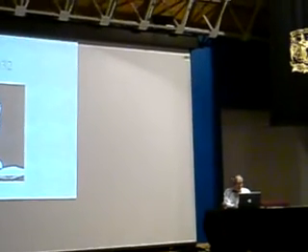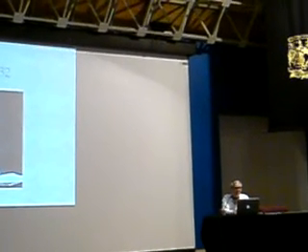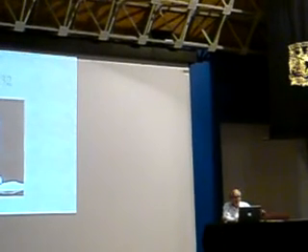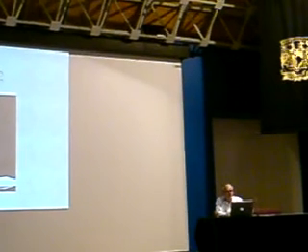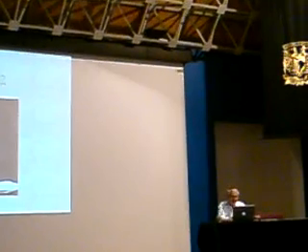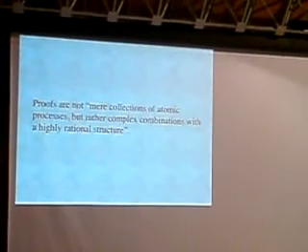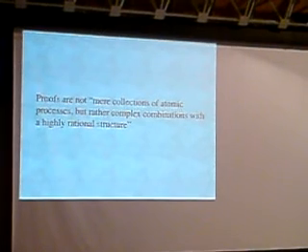About 40 years later, in the late 70s, collected papers of this mathematician were published by a colleague, and in particular also the translation of his early dissertation. And this mathematician looked back at his dissertation, and I want to quote two reflections of his. The first one is this. Proofs are not mere collections of atomic processes, but rather complex combinations with a highly rational structure.